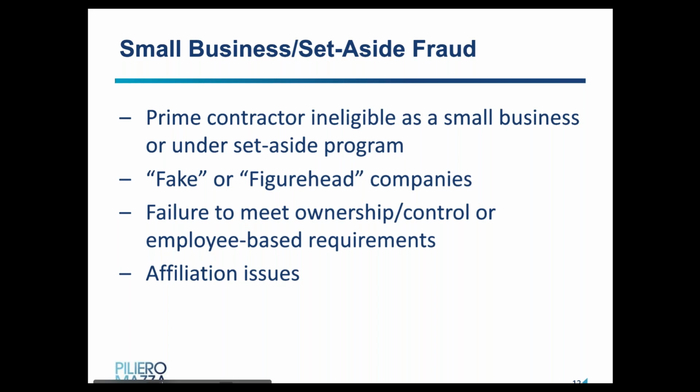Then generally affiliation writ large, right? You can have affiliation due to familial identity of interest. You can have affiliation due to common investments. If a bunch of people all have a bunch of companies and you're all common owners in a bunch of companies, and you're like, okay, we're going to try to avoid affiliation because Bob, you're going to be the 51% owner over there, and Sue, you're going to be the 51% owner over here, and so on.